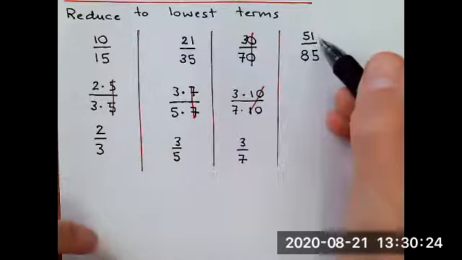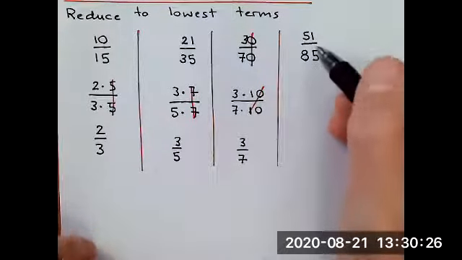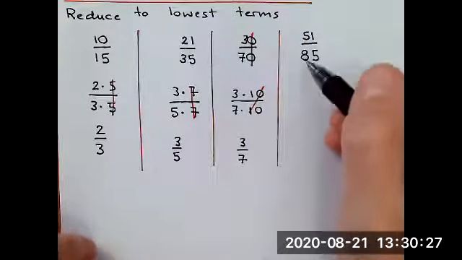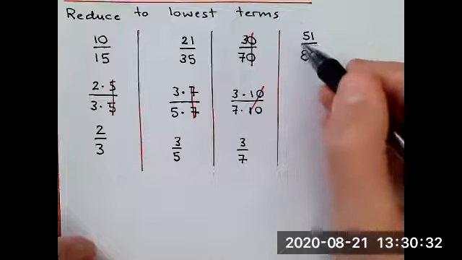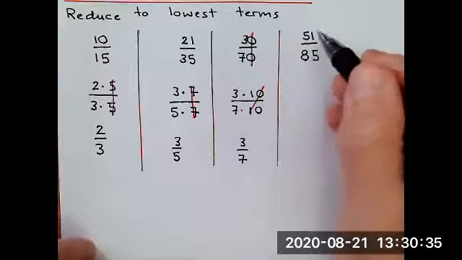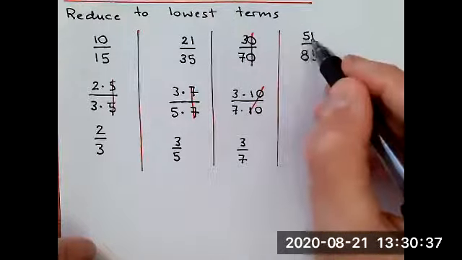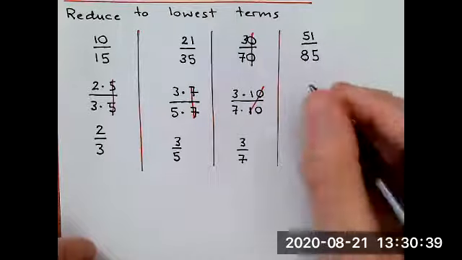Now, if you have numbers that are not in the times tables, you can try your divisibility rules. So 51 is not even, 2 does not go into it. And you try, does 3 go into it? 5 plus 1 is 6, so 3 goes into it.